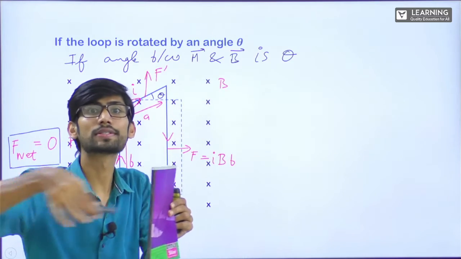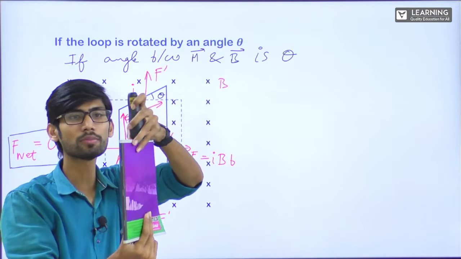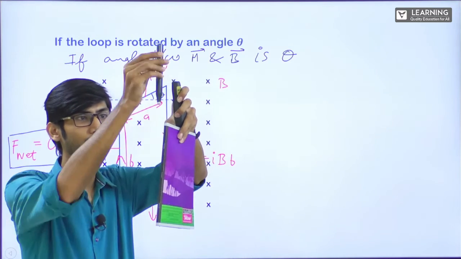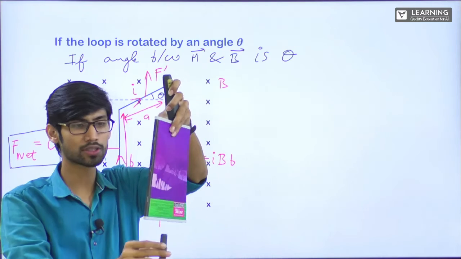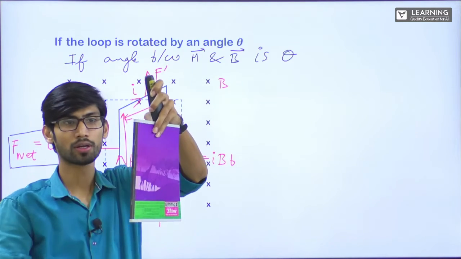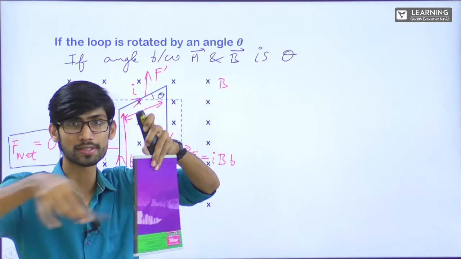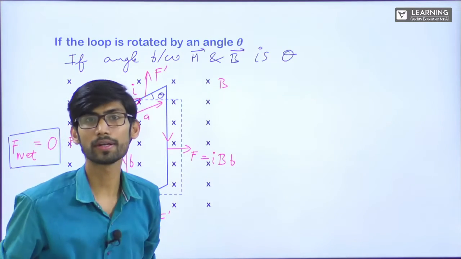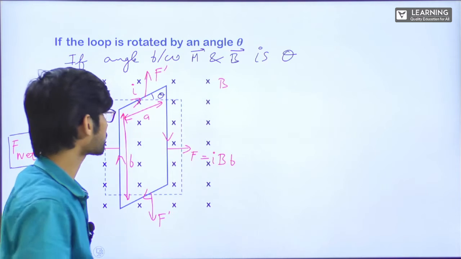Both are not straight. But here top and bottom, if you see, the line of action of force is the same. This is upward, this is downward. The line of action of force is the same. Clear? Same straight line. But here it is not straight. Here it is this side, right? Here it is this side. Got the point? Easy to understand. All right.